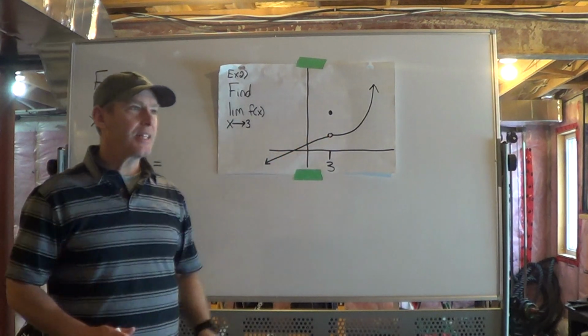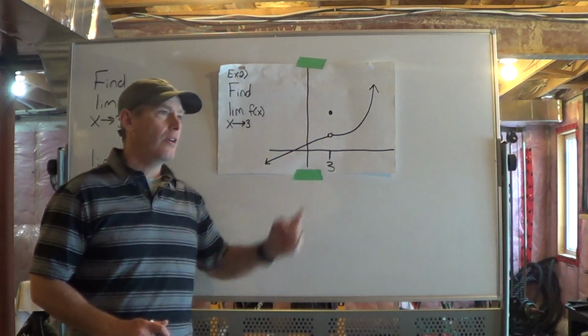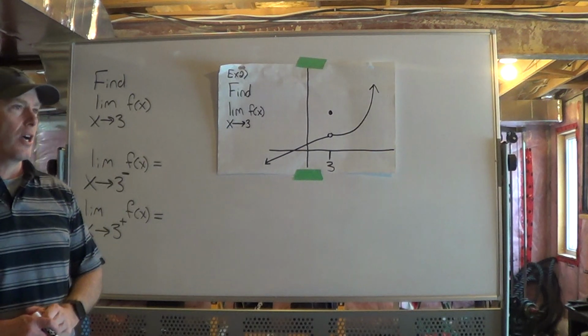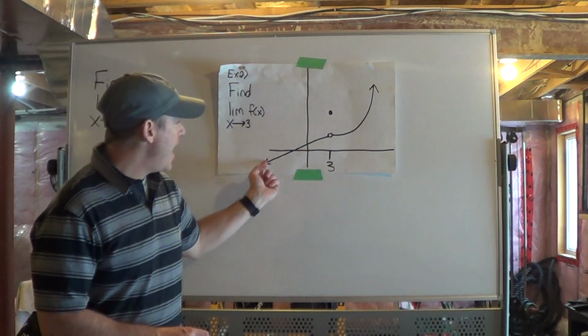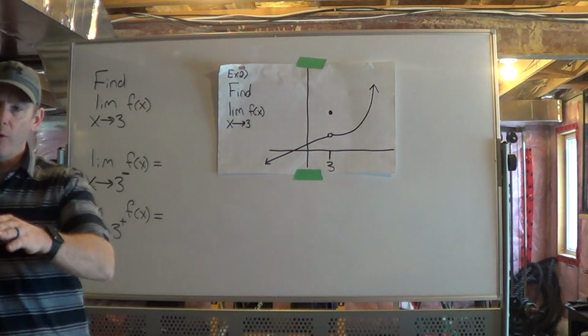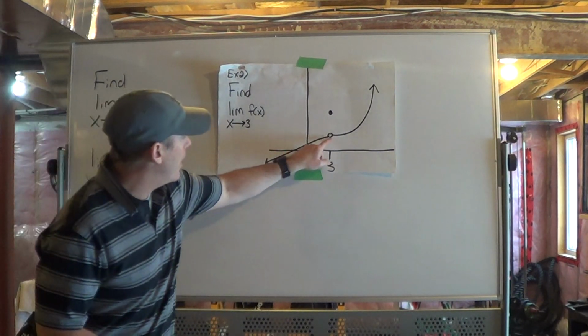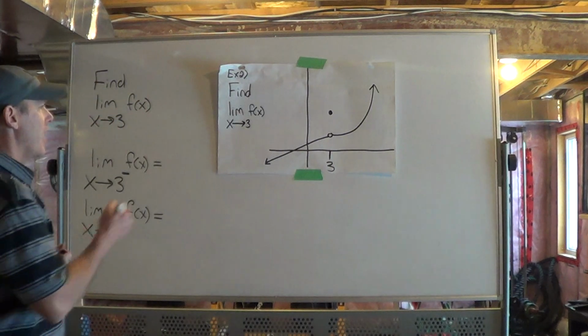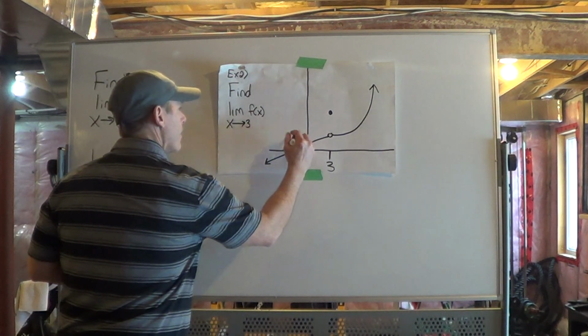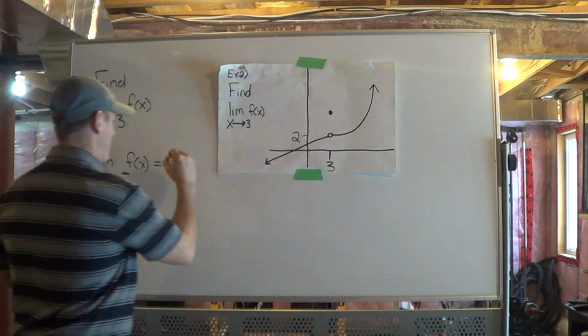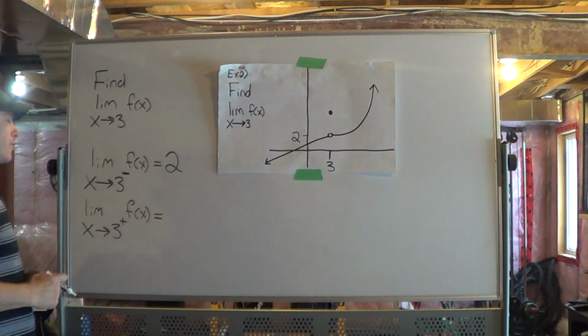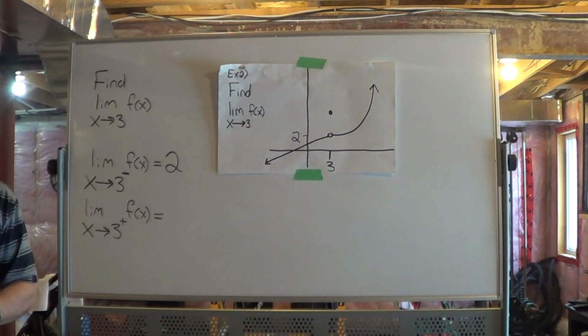And now as I get to 3, because there's actually a hole there, you can kind of see it on your camera. As we get to 3, we don't get to 3, but we're approaching 3. That's what that arrow means. The value has a height of 2. So the left-hand side limit is 2.